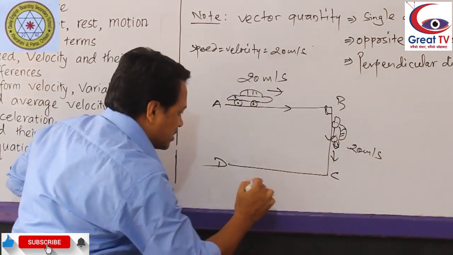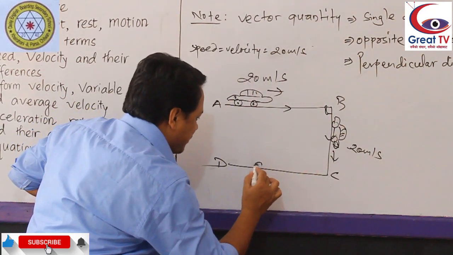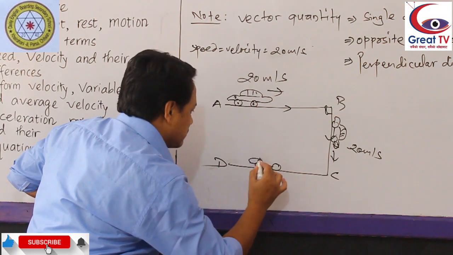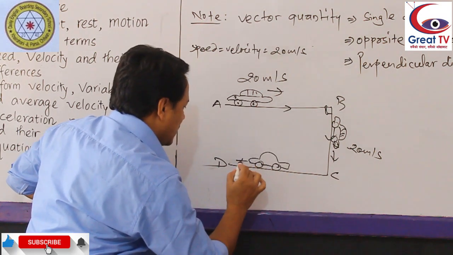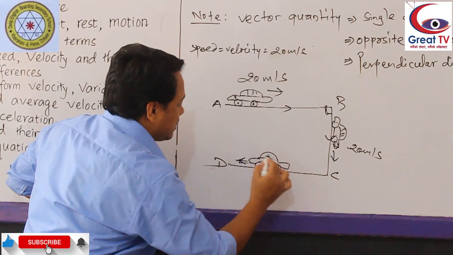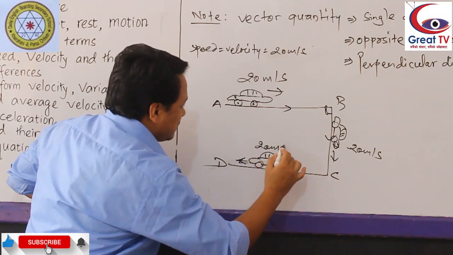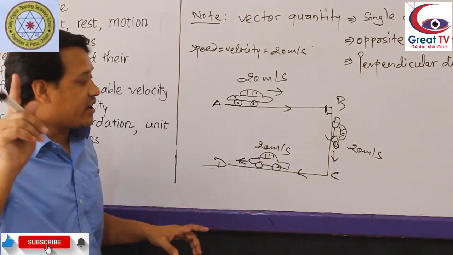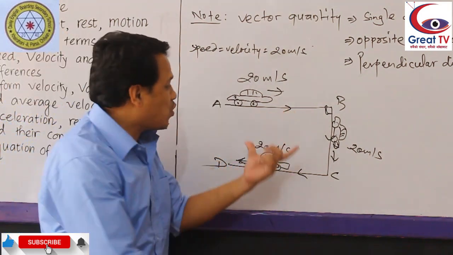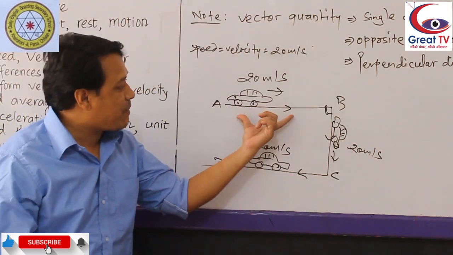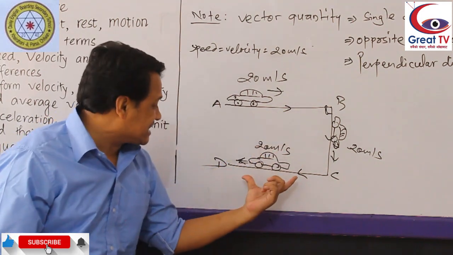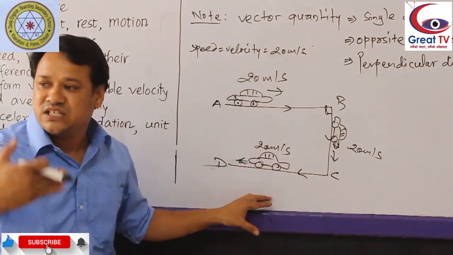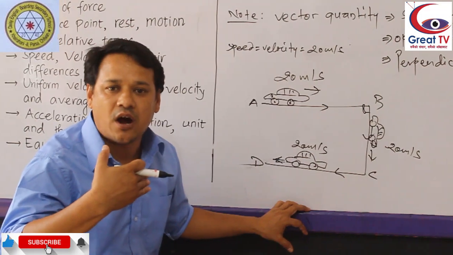Similarly, when the same vehicle turns into the opposite direction, here in this path, 20 meters per second. Now in the opposite path, with respect to AB, in the CD path, this vehicle is in just the opposite direction.